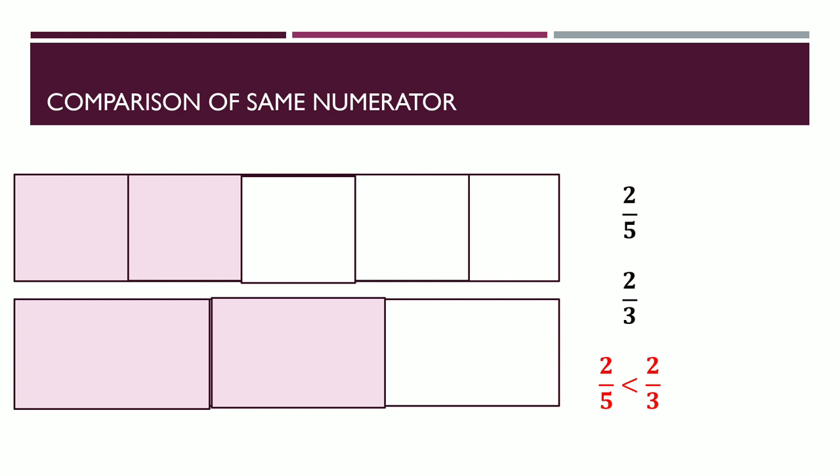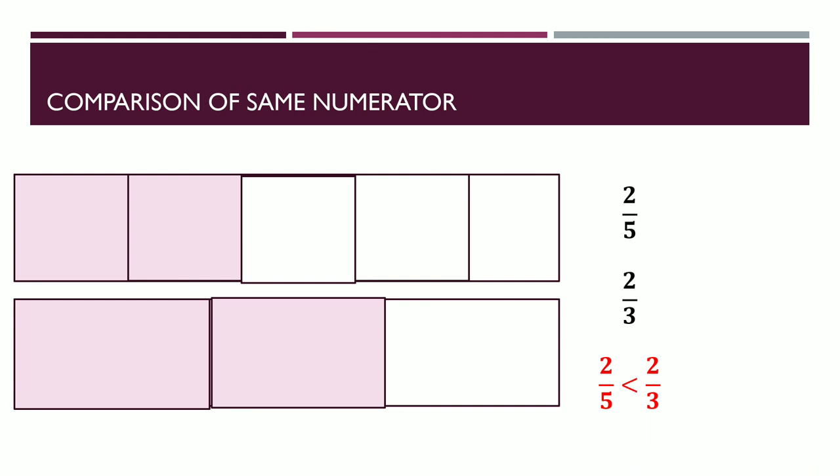Here are two same figures, but the first figure is divided into 5 parts and 2 parts are colored. It is written as 2 upon 5. The second figure is divided into 3 parts and 2 parts are colored. Here 2 is the numerator, and the numerator is the same.